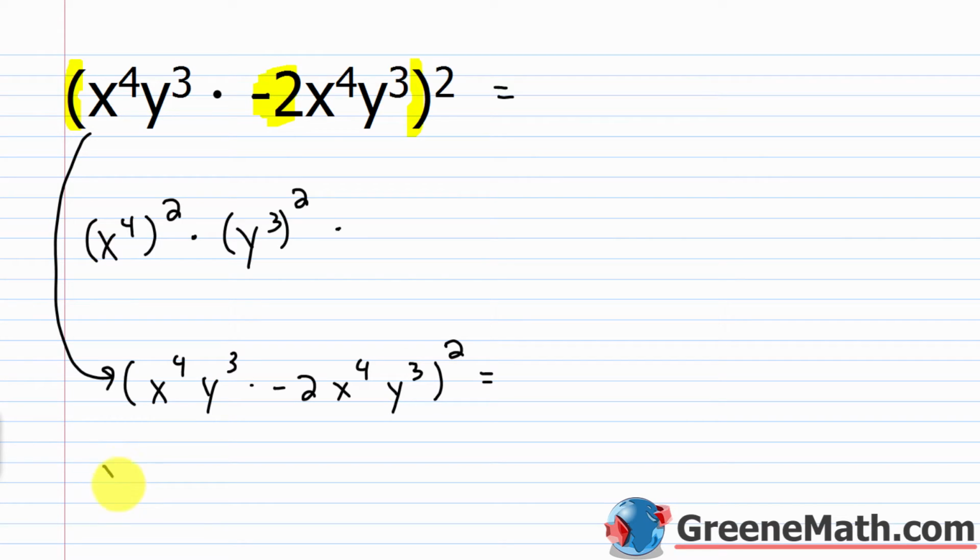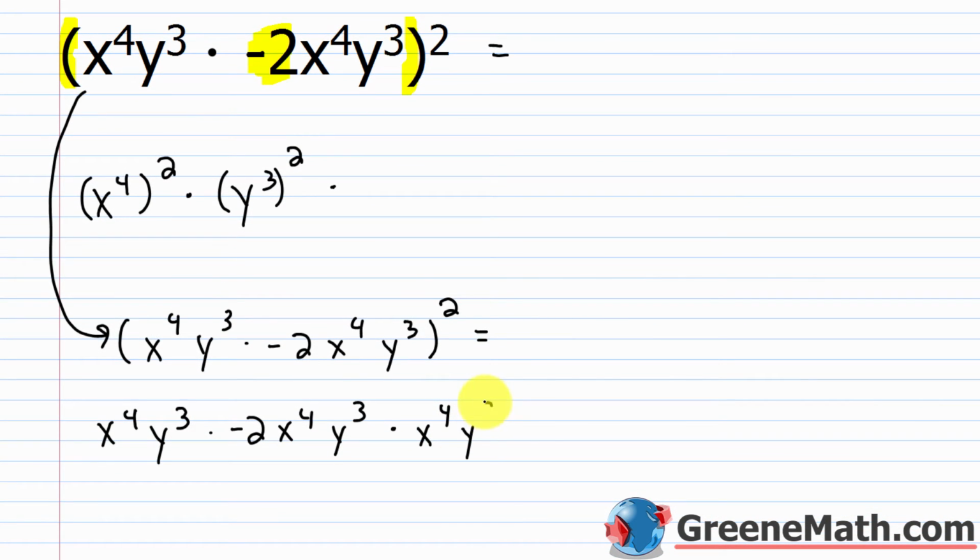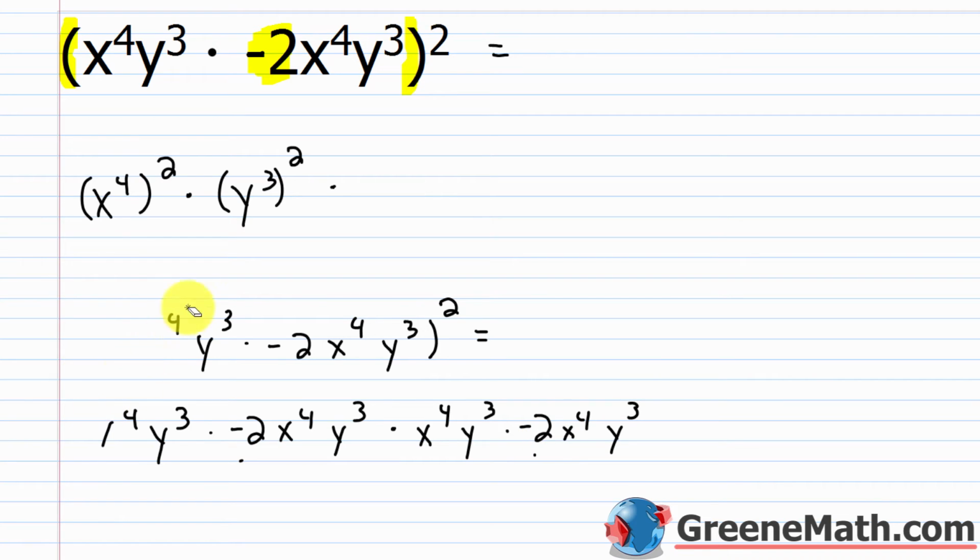So then you'd have x to the 4th power, y cubed times negative 2 x to the 4th power, y cubed times this again. So I'd have negative 2 times negative 2. So that's going to end up being positive. So then let me erase this and we're going to continue.